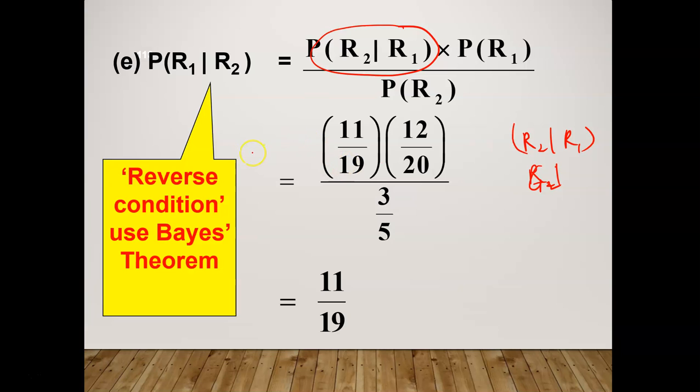Okay? P of R1 given R2. So we will apply Bayes theorem. So R2 will be written di bawah. And then the first term will be the opposite of R1, R2. So it will be R2 given R1 multiply with probability of R1. Okay, so you just substitute the value and multiply, divide, then you get the answer 11 over 19.